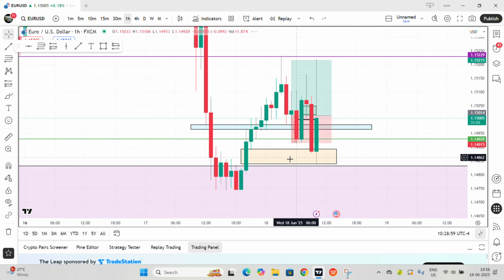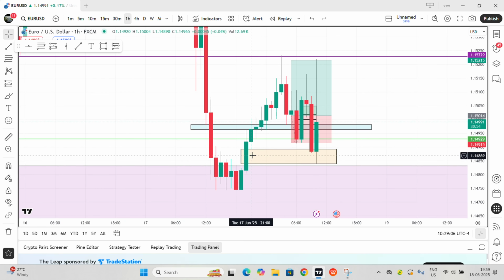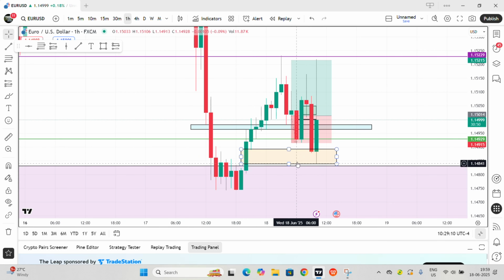And then we have got this. Yeah, we can clearly see that market tapped into this orange box, which is the 1-hour FVG in discount. So it acts as support, a springboard for market to move up.